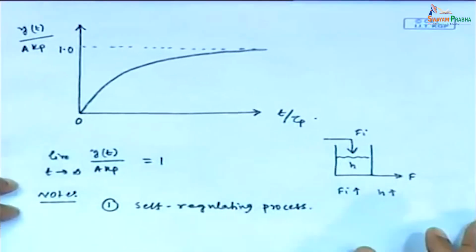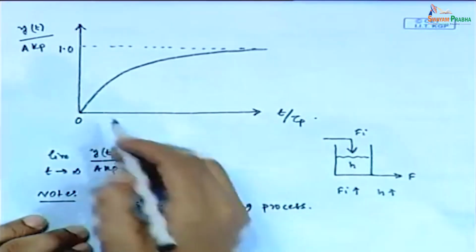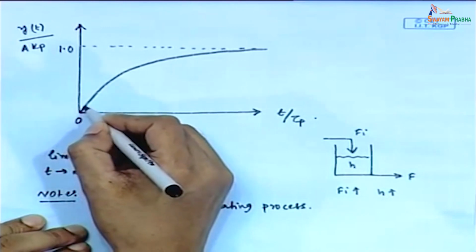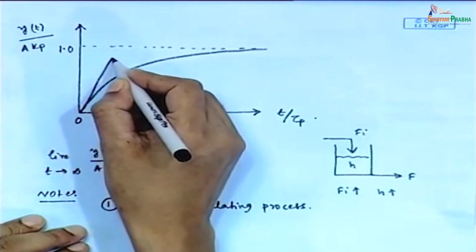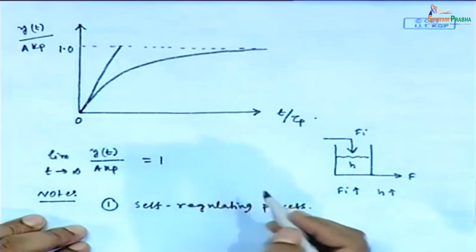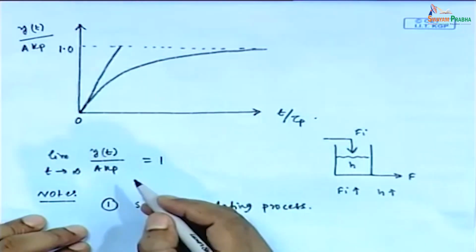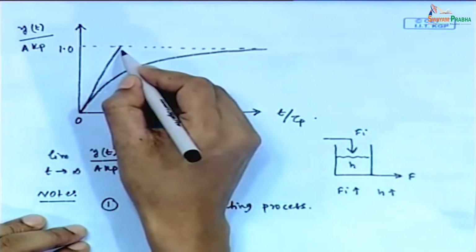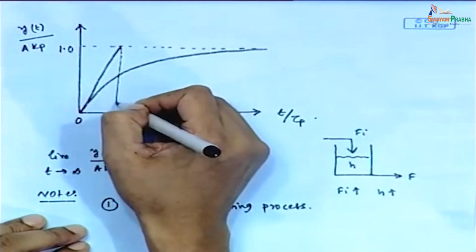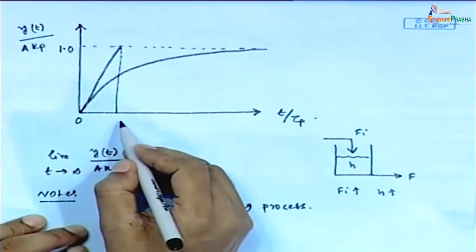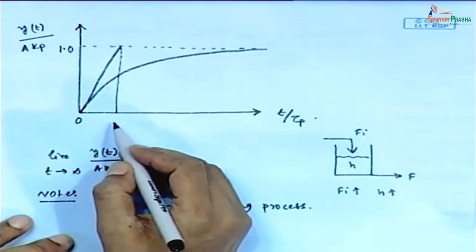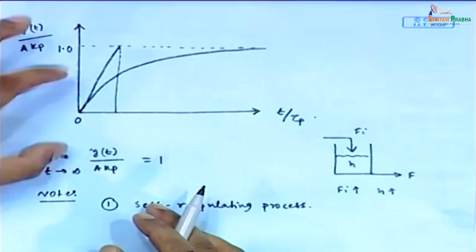If we see this dynamic response, then this tangent line has the slope of 1. What will be the corresponding t by tau p value? If slope is 1, what is the corresponding t by tau p value? 1, because this value is 1.